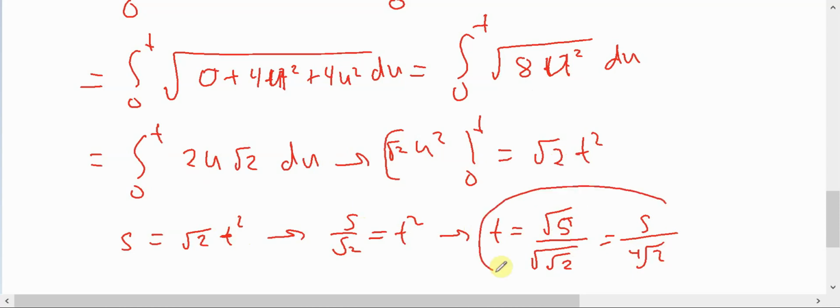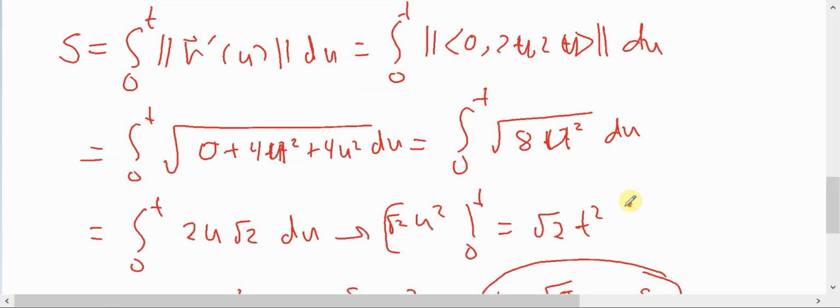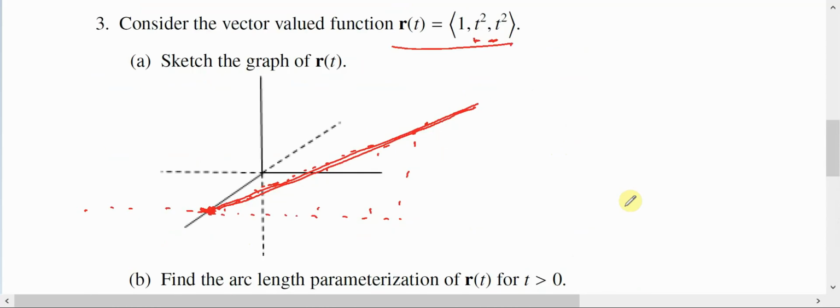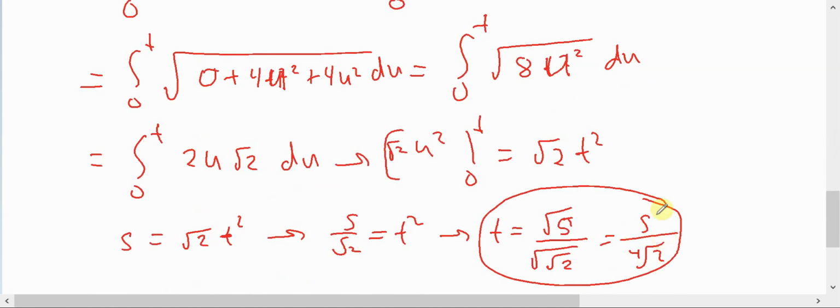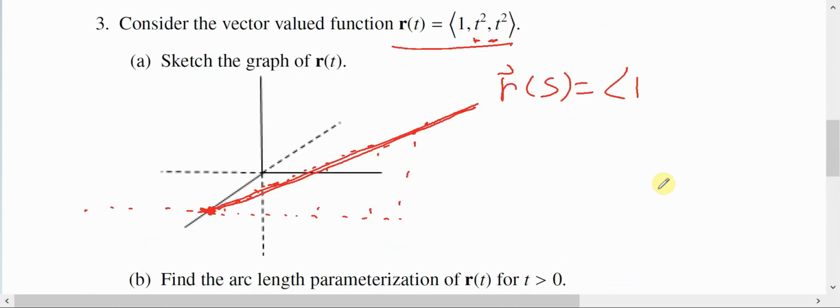Now I substitute that back into my function, and my new parameterization in terms of s is going to be 1, and everywhere I have a t squared, I put the square root of s over the 4th root of 2.